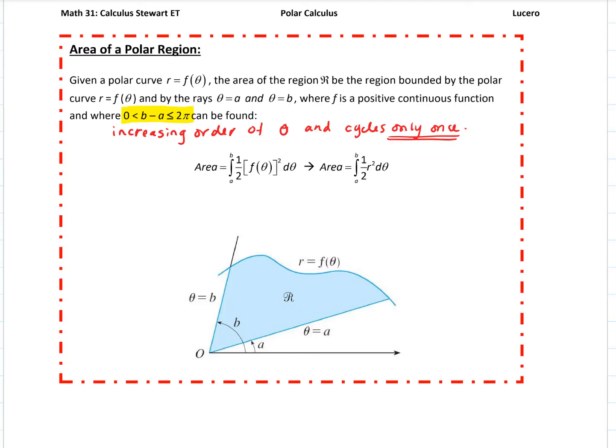Otherwise, we're going to continue to gain more and more area as theta increases past 2 pi and starts to repeat. Okay, so the area is the integral from a to b of 1/2 of f of theta squared d theta, which in shorthand gives us this nice compact formula. The area is just the integral from a to b of 1/2 r squared d theta. And that's how we calculate area.